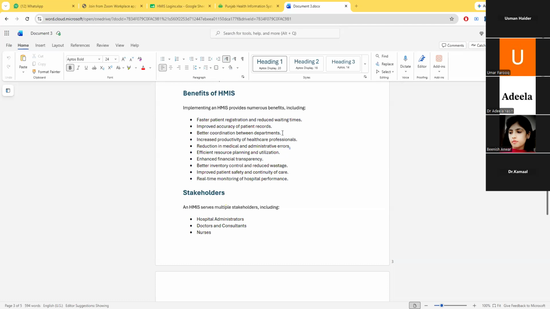So, in the hospital, if a patient visits a general physician and the general physician gives them some prescription, and then he will advise him to go between the departments.